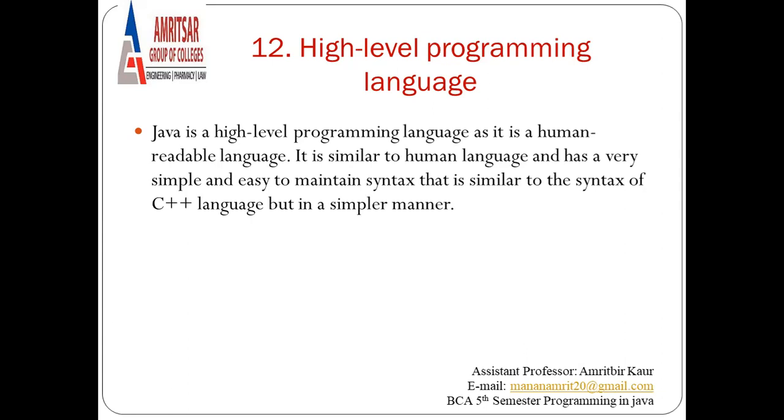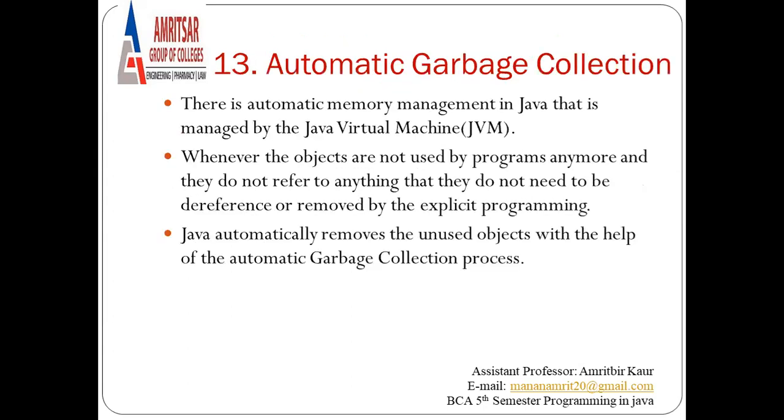Like machine code in 01 format, it is difficult for a programmer to remember, but it is easy to remember the syntax of C++ and Java because it is in human language. So Java is a high level programming language that is easy to understand and easy to remember.